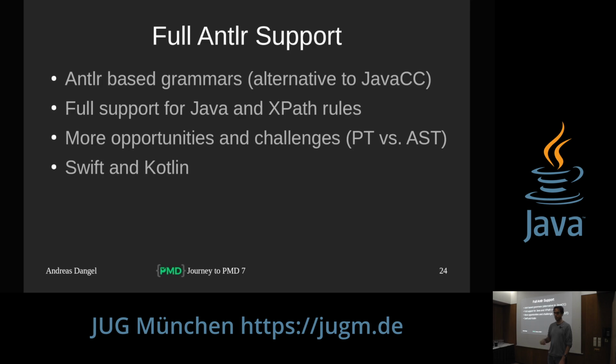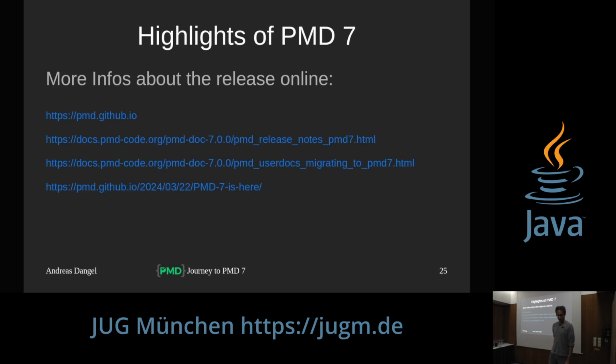That's basically what the Google guys did with the Summit AST project. They translated this into an abstract syntax tree. So there is still some work to do. And here you can read more in detail. As this is a major version change with breaking changes, we also have a migration guide, if you come from PMD 6.